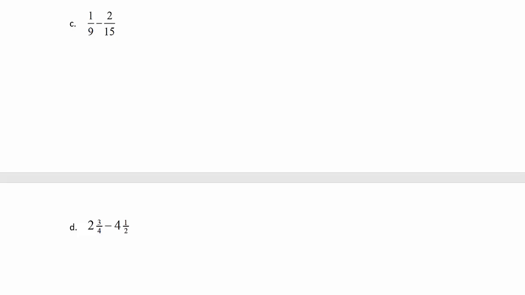Let's do one more example like this. For subtraction, I have to have a common denominator. So I have to figure out, can I think of a number that is divisible by 9 and also divisible by 15? If you know that number, that's great. You have the LCD. If you don't know that number, well, 9 is 3 times 3, and 15 is 5 times 3.